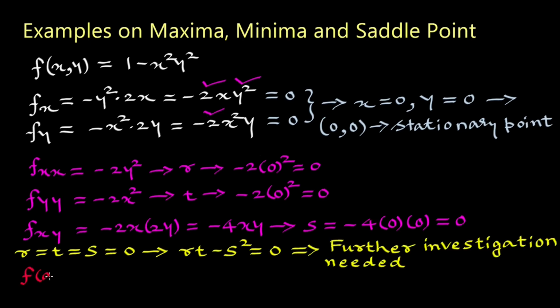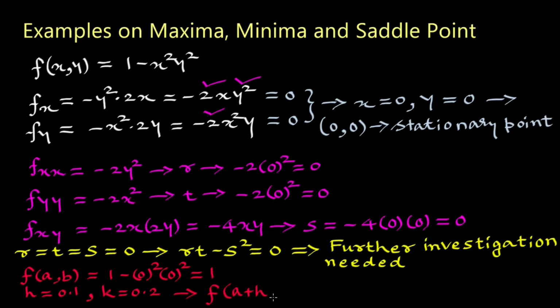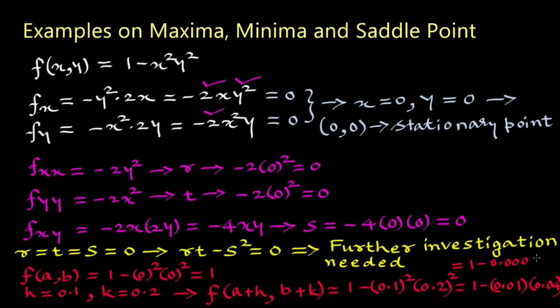Now we have f(a,b), the function at the stationary point, that is at the origin, 1 minus 0 square into 0 square, which is 1. Let h equals 0.1 and k equals 0.2, close to the stationary point 0, 0, and evaluate f(a plus h, b plus k), which will be 1 minus 0.1 square into 0.2 square, 1 minus 0.01 into 0.04, 1 minus 0.0004.